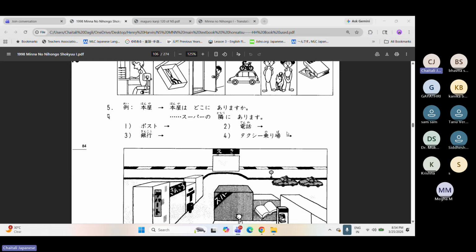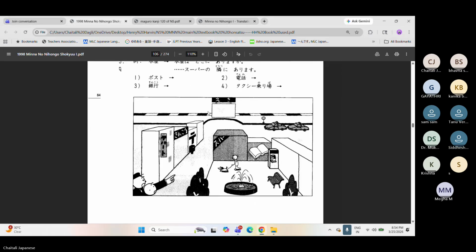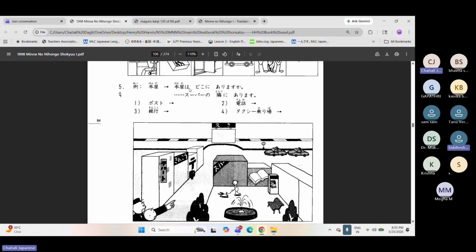Okay. Now fifth is very interesting. Honya, look at the photo. Honya wa doko ni arimasu ka? Where is the bookstore? Supa no tonari ni arimasu. Next to the supermarket, and behind the telephone booth. Both answers are correct.